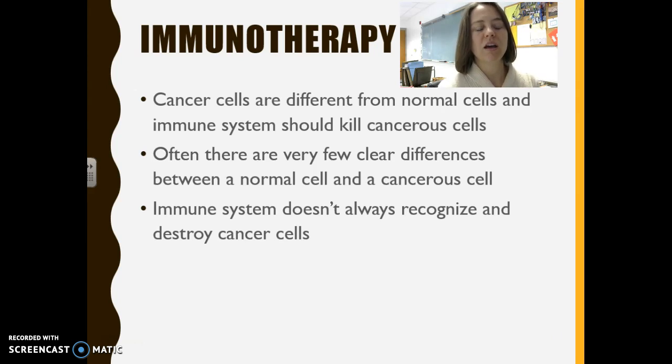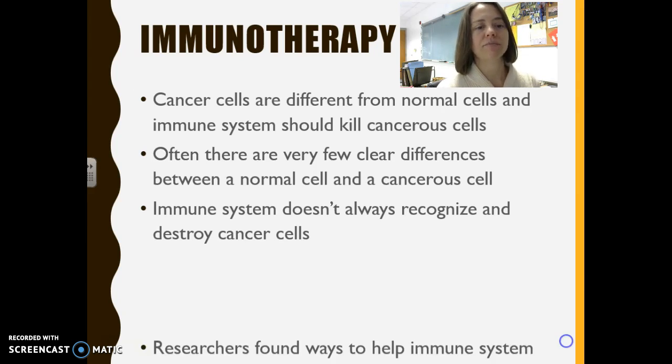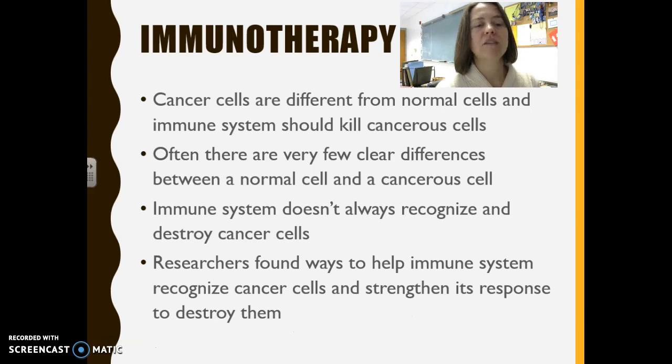And this is when the cancer cells can start rapidly replicating and can cause problems. So researchers have found ways to help your immune system recognize cancer cells and strengthen its response to destroy them. So you can use your body's immune system to fight the cancer, and this has a lot of promise.